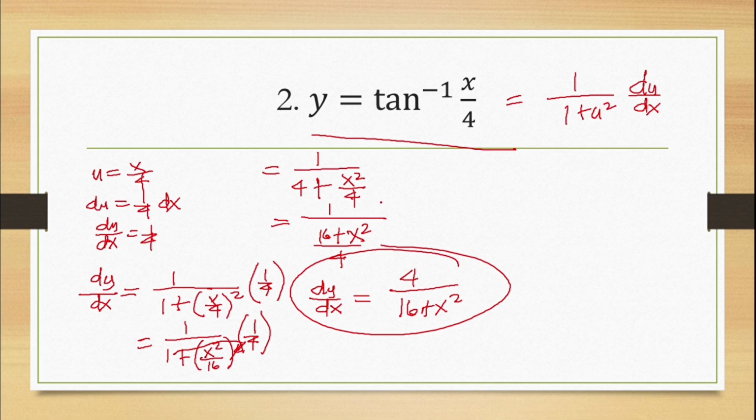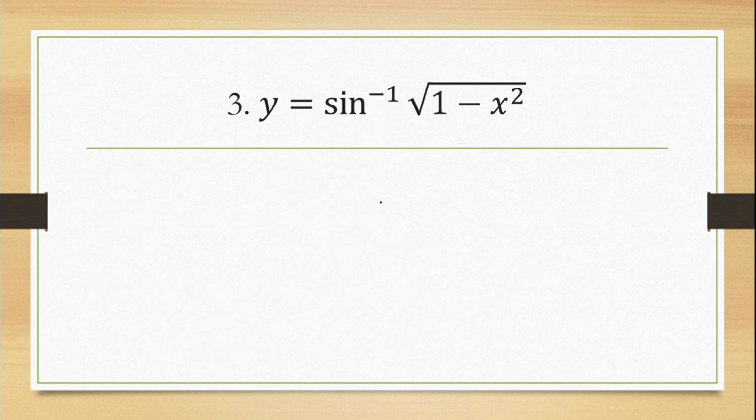Okay, so let's proceed now with number 3. In number 3, y is equal to inverse sine of the square root of 1 minus x squared. So first we're going to locate the formula. The formula for this one is 1 over the square root of 1 minus u squared times du over dx. So the first thing we have to do is find u.